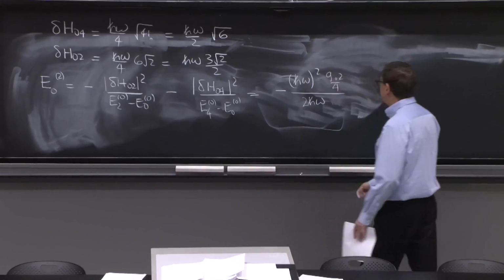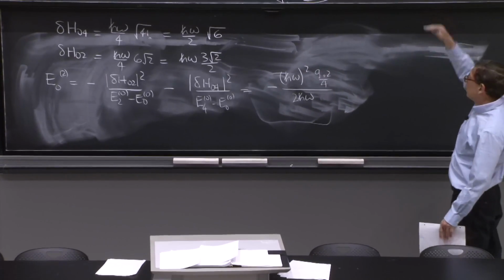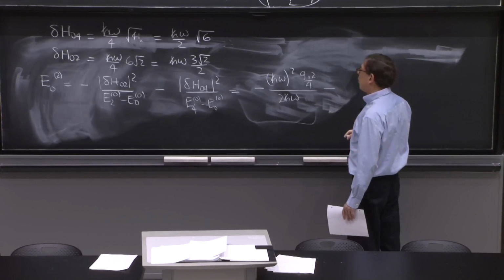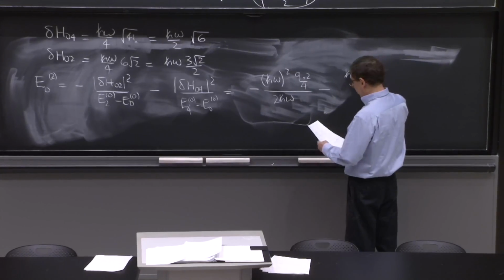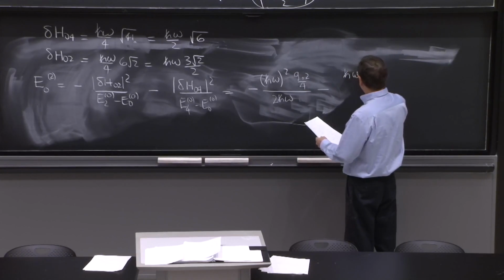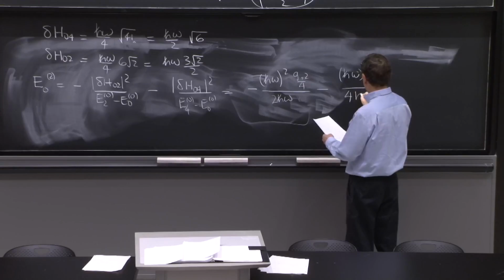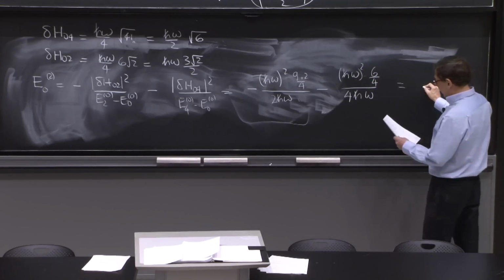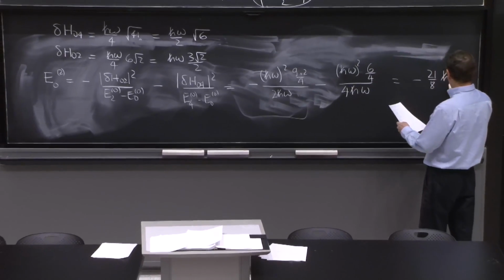There's an h bar omega difference between every state, so you go from E0 to E1 to E2, two of them. Minus delta H04 squared, which is h omega squared, times 6 over 4 h bar omega. Well, this gives you minus 21/8 h bar omega.